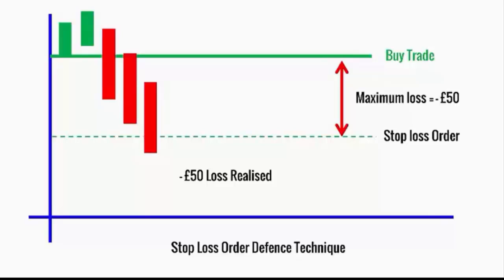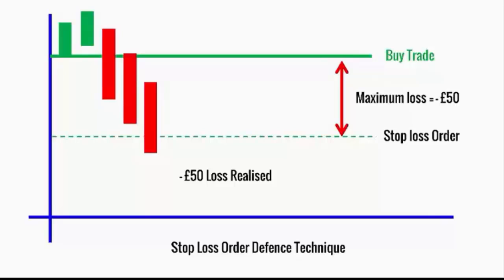And that's a perfectly legitimate strategy. It's just not one that I normally use myself. Of course, the example that we've used here is of a buy trade, and the stop-loss order defense mechanism works in exactly the same way for a sell trade.